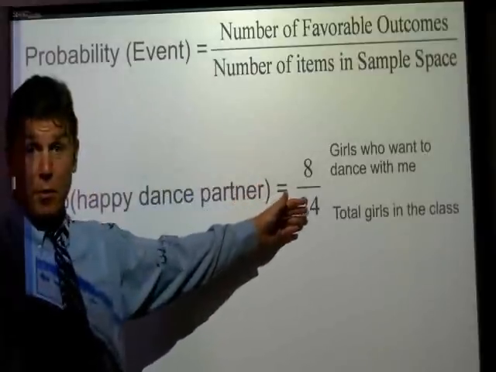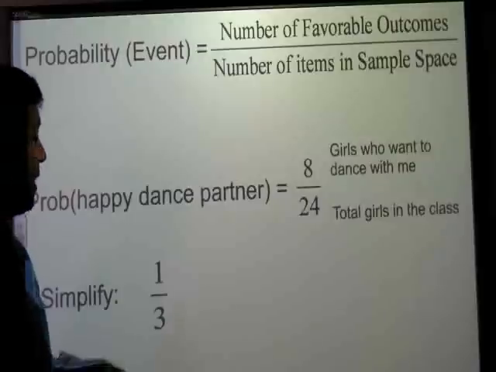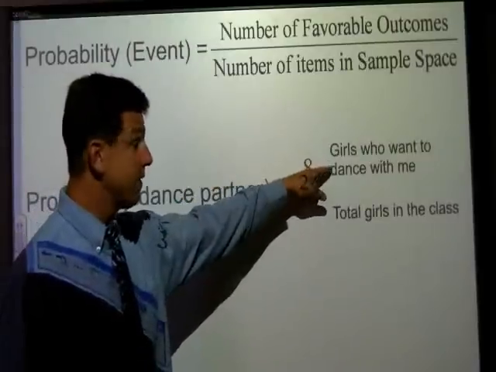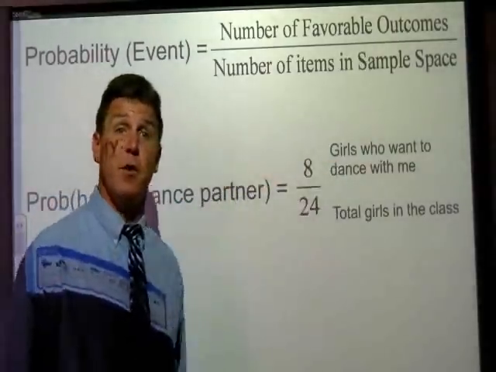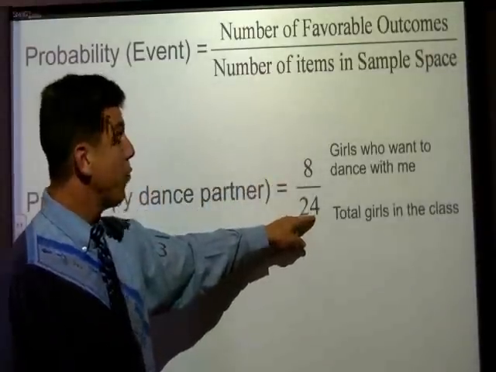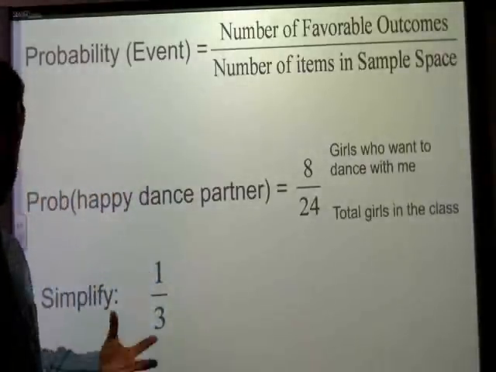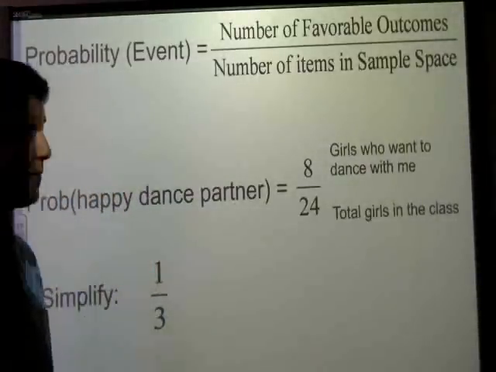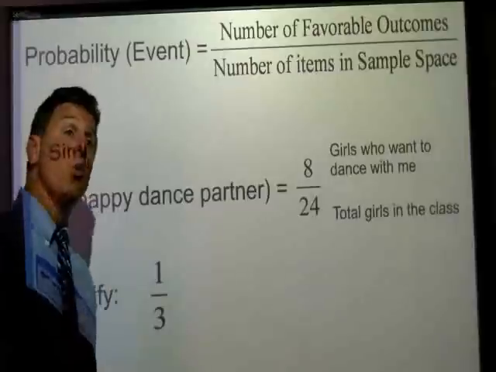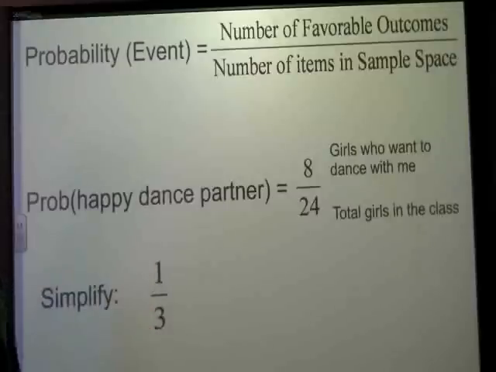So for this particular problem, the probability that I end up with a happy dance partner is 8 total girls that still would like to dance with me. They don't already have a boyfriend or they don't dislike me too much, out of 24 total girls in the class. So the probability that I end up with a great dance partner that makes it going to be a happy dance is 8 out of 24, which can be simplified just like any fraction down to 1/3.